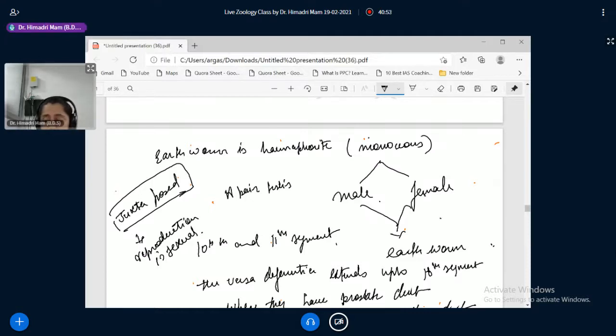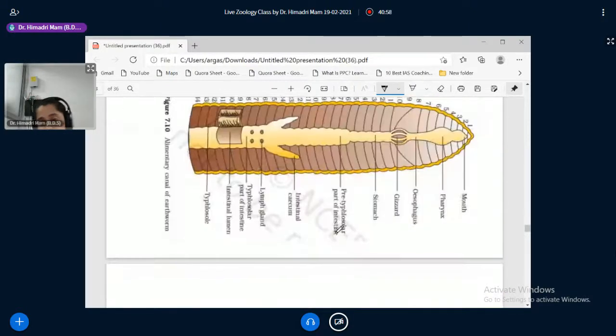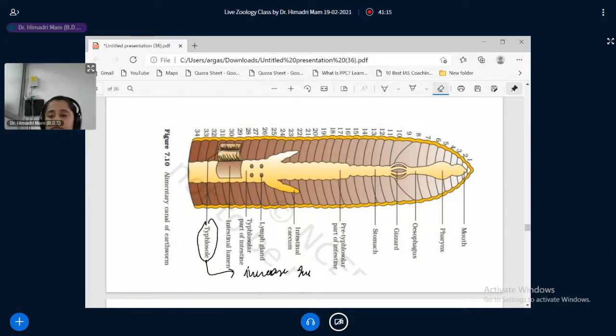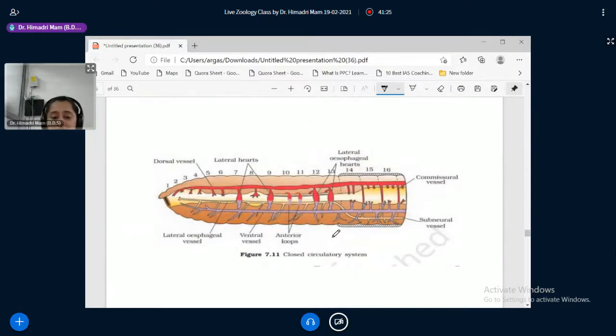Now, we will be done with your earthworm. Let me show you the diagram. Now we've talked about the typhlosole, that increases the surface area. We have the lateral hearts, we have the vessels, right?